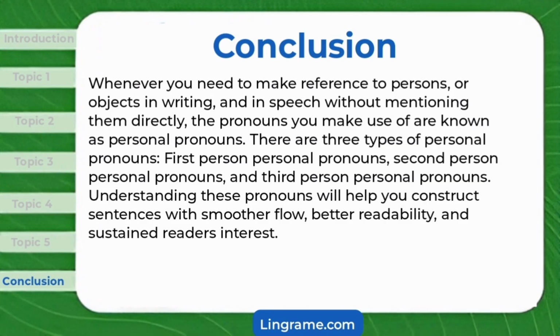There are three types of personal pronouns: first-person personal pronouns, second-person personal pronouns, and third-person personal pronouns. Understanding these pronouns will help you construct sentences with smoother flow, better readability, and sustained reader's interest.